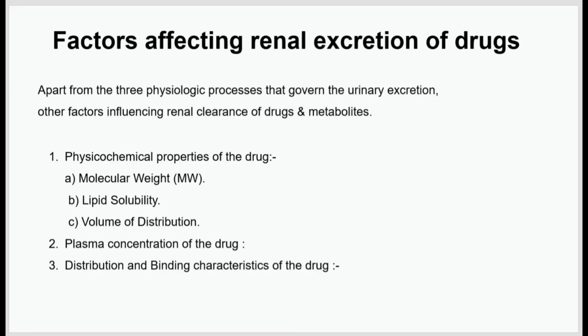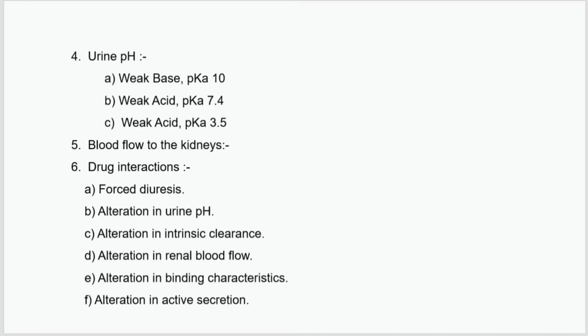B. Lipid solubility. C. Volume of distribution. 2. Plasma concentration of the drug. 3. Distribution and binding characteristics of the drug. 4. Urine pH: A. Weak base, pKa 10. B. Weak acid, pKa 7.4. C. Weak acid, pKa 3.5. 5. Blood flow to the kidney.